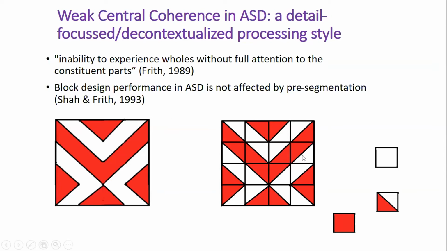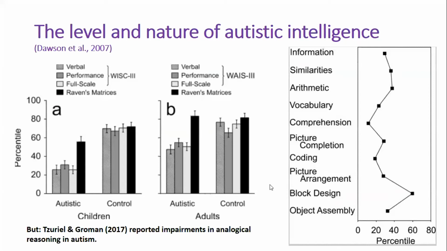But for autistic people, it didn't make any difference. And so the argument was that they already saw this pattern as pre-segmented. They didn't focus on the overall pattern within this image.